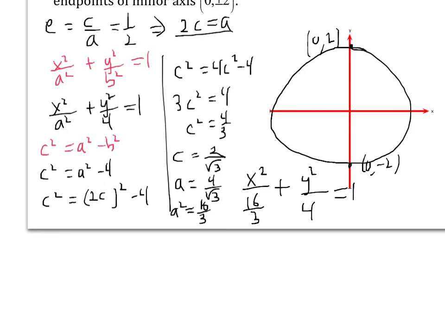And then when you flip it over, you get 3x squared over 16 plus y squared over 4 equals 1. And if you wanted to clear the fractions, you could get that 3x squared plus 4y squared equals 16. There you go.